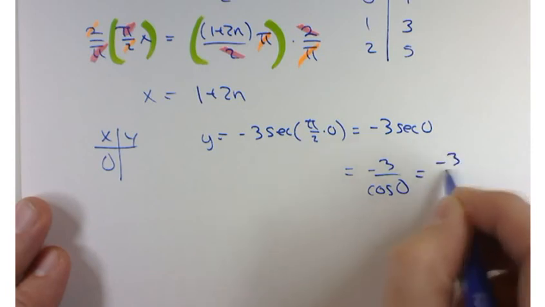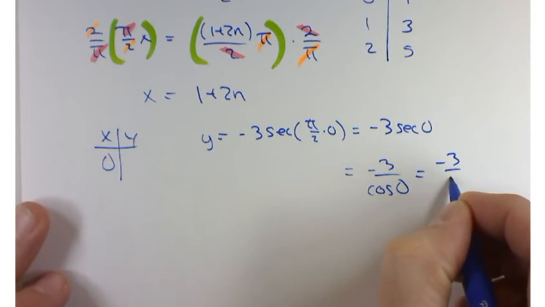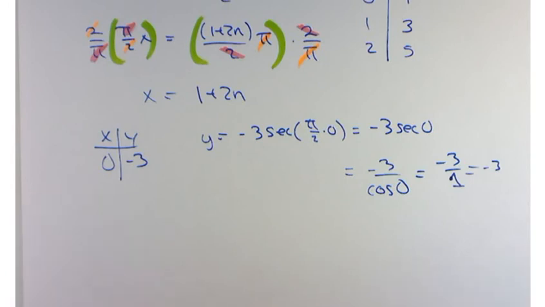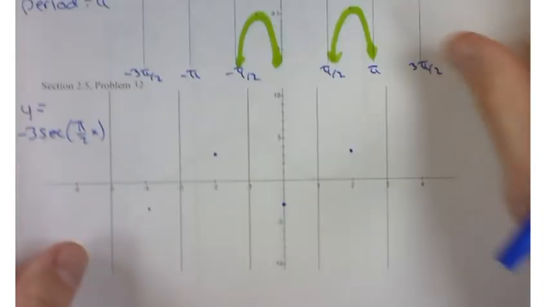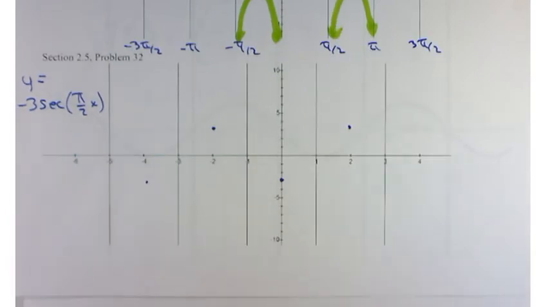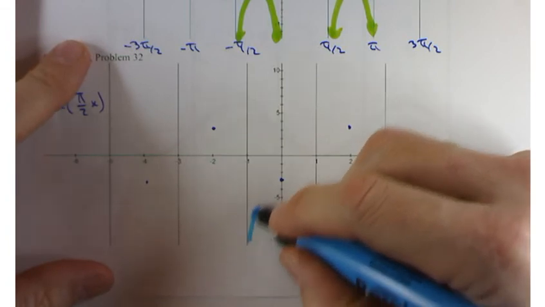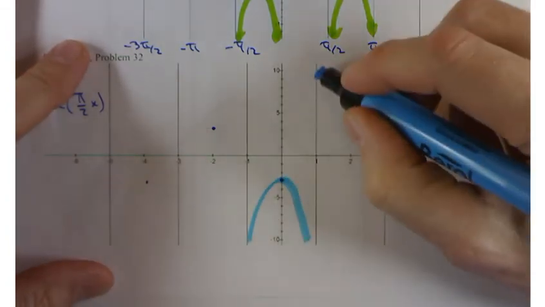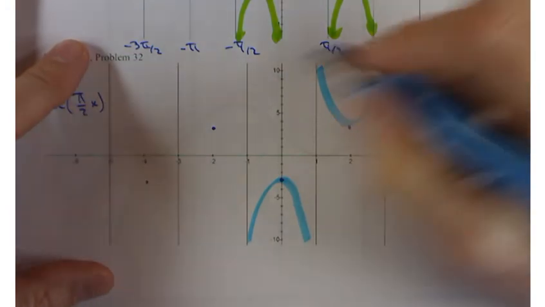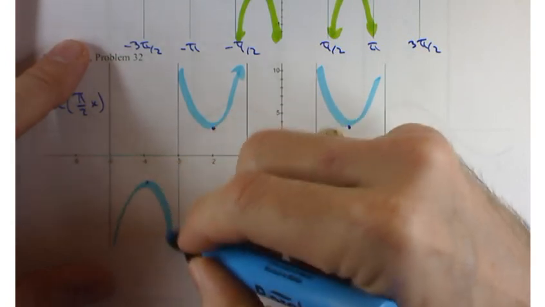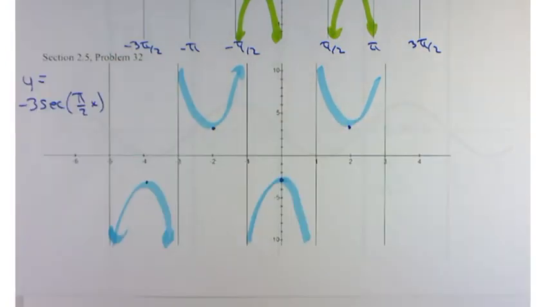What's the cosine of 0? 1. So we get 0 and -3. Of course, you could also graph that. Either way, you should see that you get a cup face that faces down in this middle interval. So like that. And then they have to alternate from there. So there's your graph of the cosecant. Pardon me, secant.